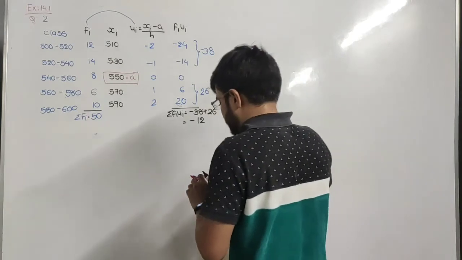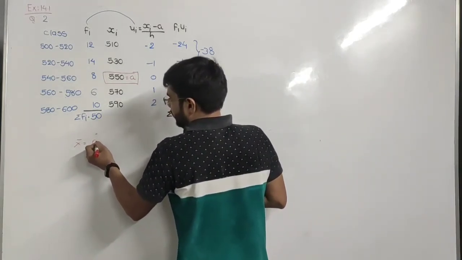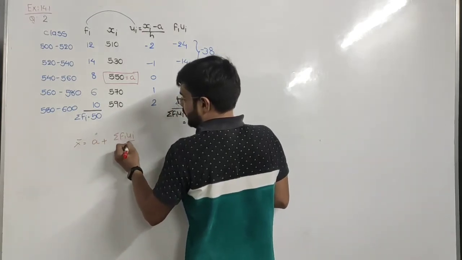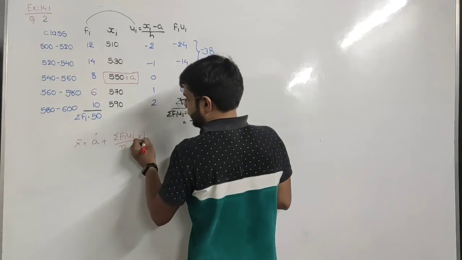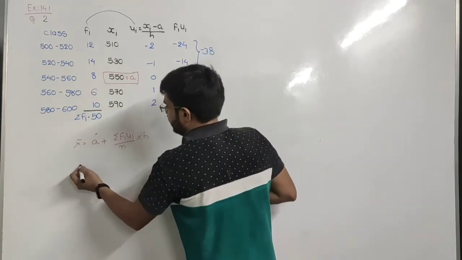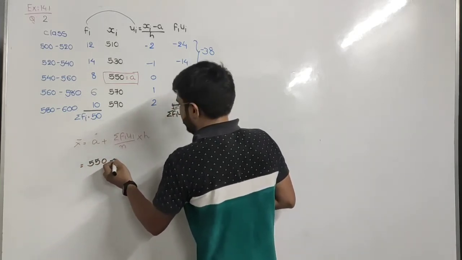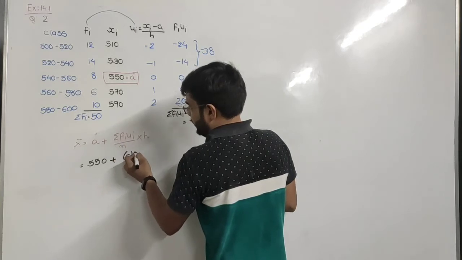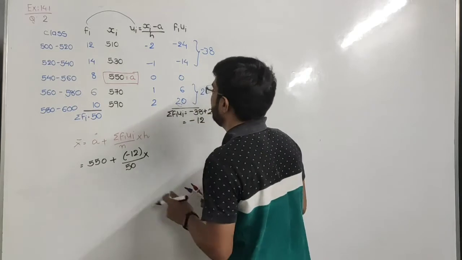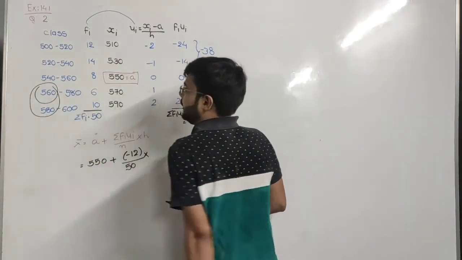Now, the step deviation formula will be x bar is equal to a plus sigma Fi ui upon n, multiplied by h. Therefore, here a is equal to 550, sigma Fi ui is equal to minus 12, n is equal to 50, multiplied by the common difference, which is 20.